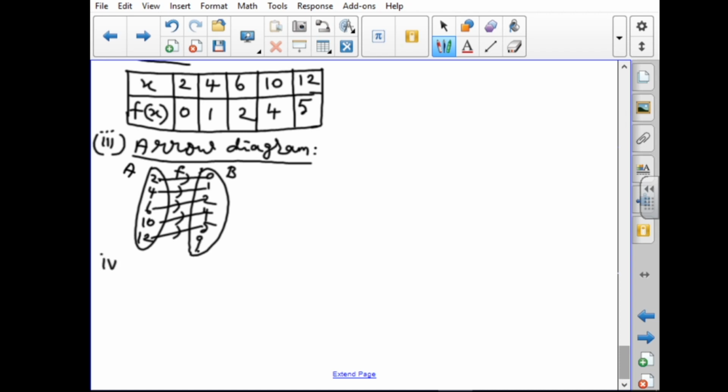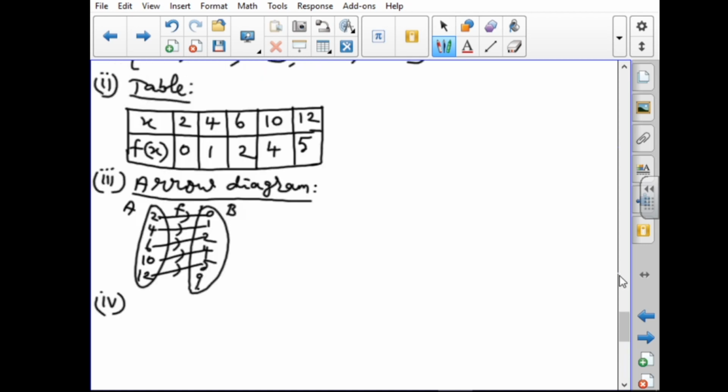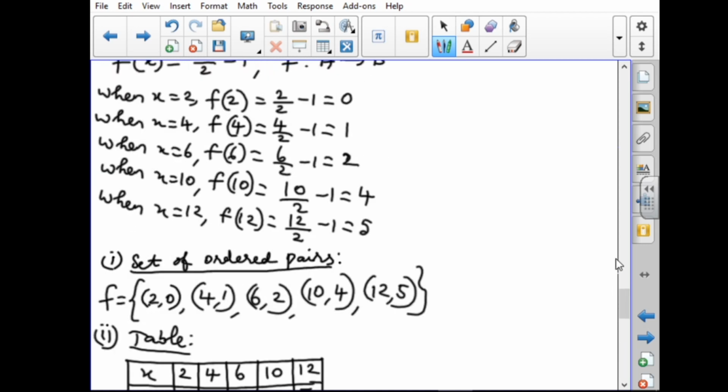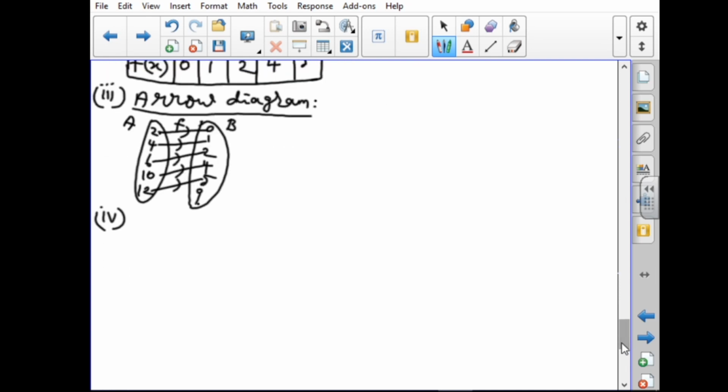Next, the fourth one, graph. Whatever ordered pairs we got, those points are going to be plotted in the graph.